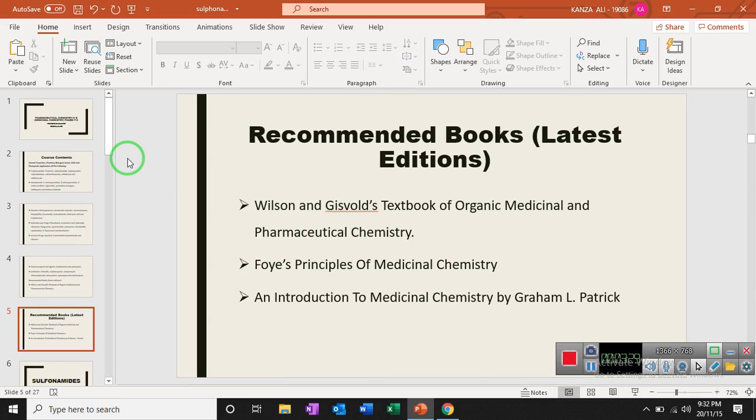The recommended books are Wilson and Gisvold's Textbook of Organic, Medicinal and Pharmaceutical Chemistry, Foye's Principles of Medicinal Chemistry, and An Introduction to Medicinal Chemistry by Graham L. Patrick.